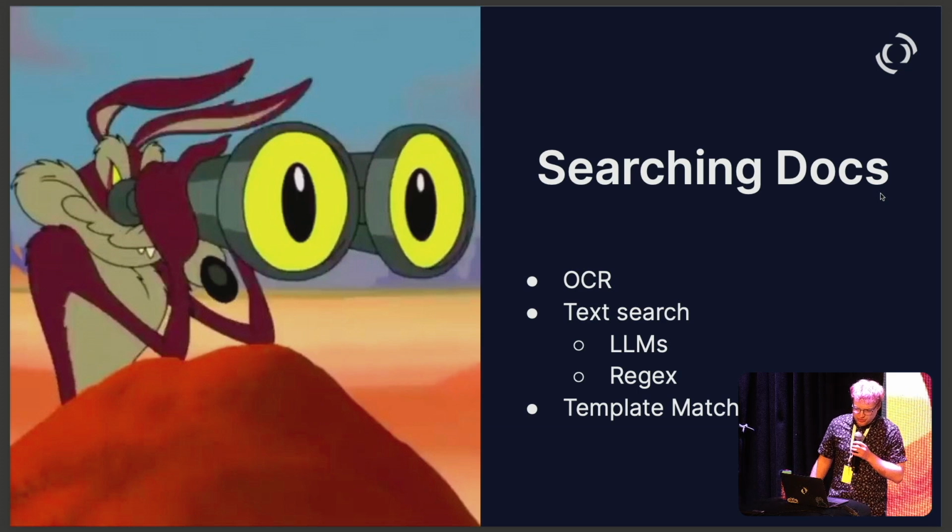So the first step that we did was we took these docs, we put them through just some standard off-the-shelf OCR tools, and then you can start doing text search on them. As you might have noted, the tags are very, very standardized, which lends itself well to regular expressions.